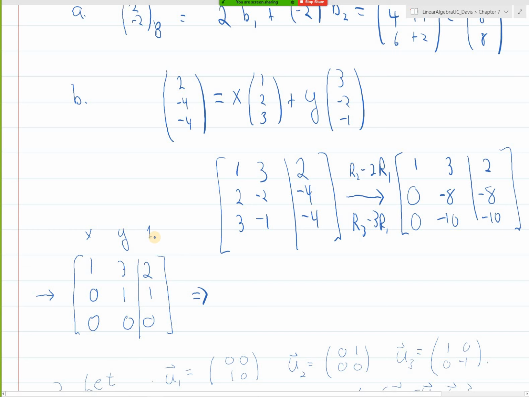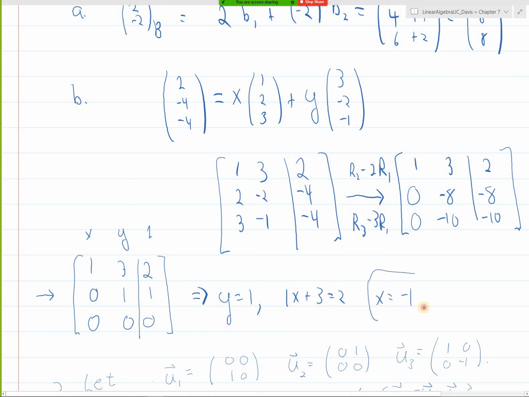Okay. So you're saying that y equals y. Well, no, this is the ones column, not the y column. So y equals 1. And if we substitute that there, then 1x plus 3 equals 2. So that would have to be negative 1.